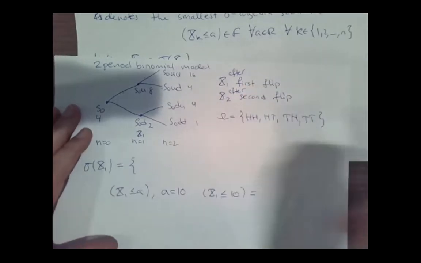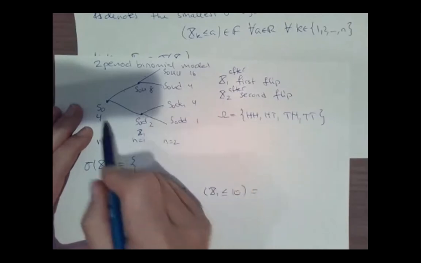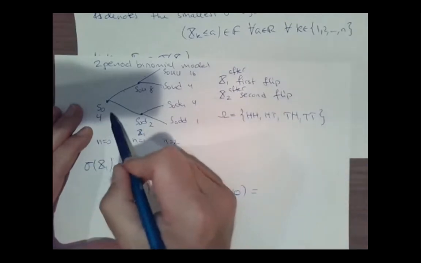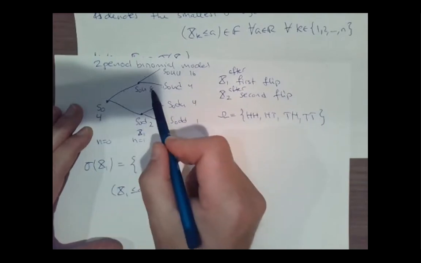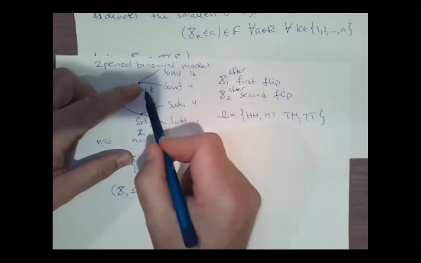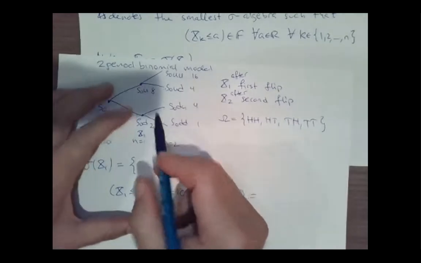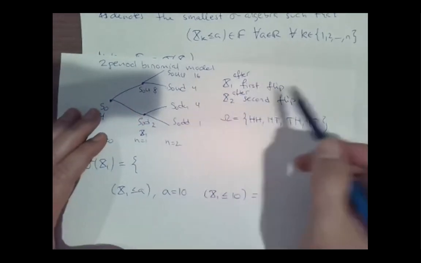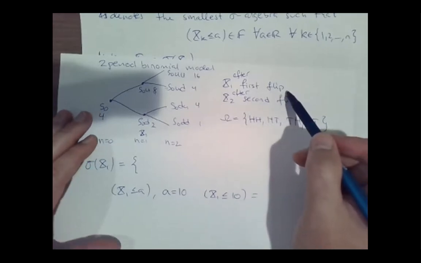So you flip the coin once, and x1 is going to be 8 or x1 is going to be 2. I flip it 2 times, and if it's up here, it'll go to 16 or down to 8, and then the same thing in the bottom part. So x1 is the value after the first coin flip.